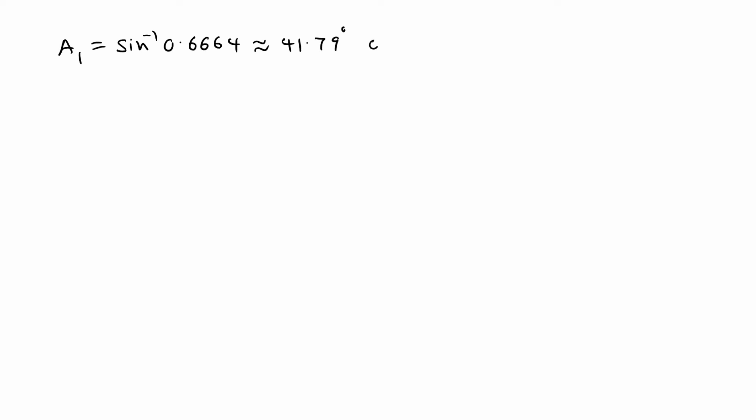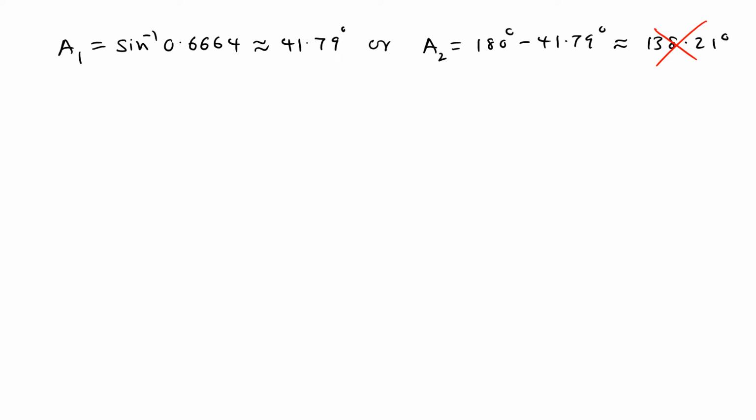The other value, which I'm going to call A2, is 180 minus 41.79, which is approximately 138.21. And now there's a problem, because we already have one angle which is 50 degrees. So there cannot be an angle this big, because if you add these two, it is more than 180.